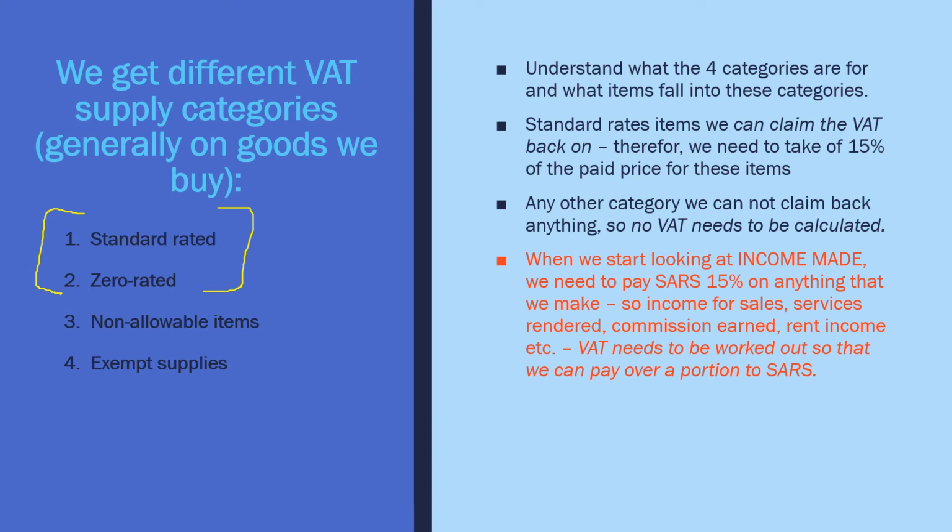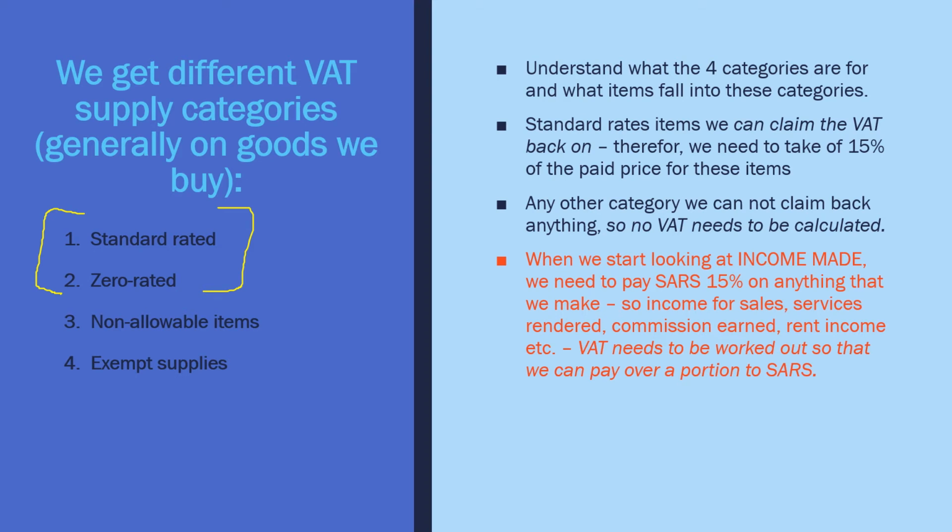Okay, so your textbook breaks down non-allowable items for you in a bit more detail. So again, things that SARS in general doesn't regard as business expenses, doesn't regard as necessary expenses. You can imagine otherwise businesses would claim back absolutely everything they buy. They would go quite excessive, buy quite fancy vehicles, send all their employees for weekly lunches, because everything that they pay, they can just get the VAT back.